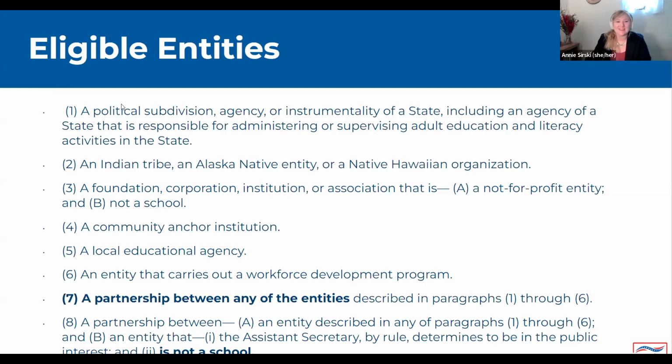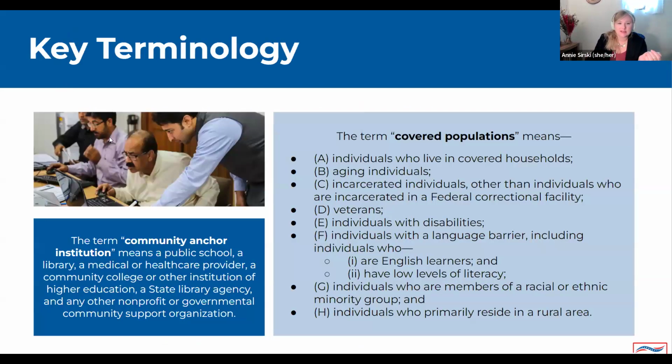Awesome. Thank you, Megan. As Megan mentioned, we don't yet have a notice of funding opportunity for this grant, but we can learn a lot from the legislation, including the eligible entities and also some of the key terminology required for the grant. A couple things to note. You probably saw under eligible entities the term community anchor institution.